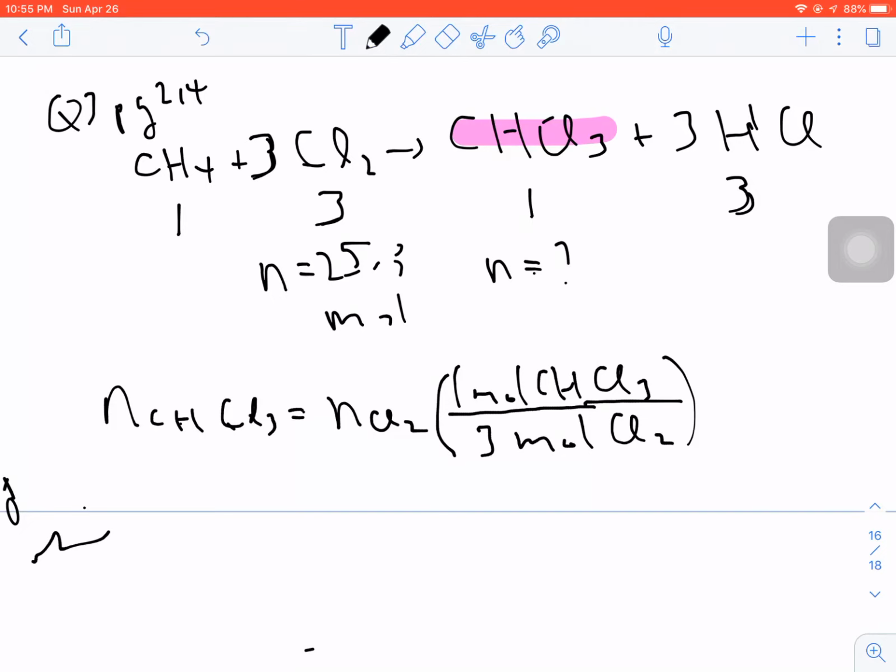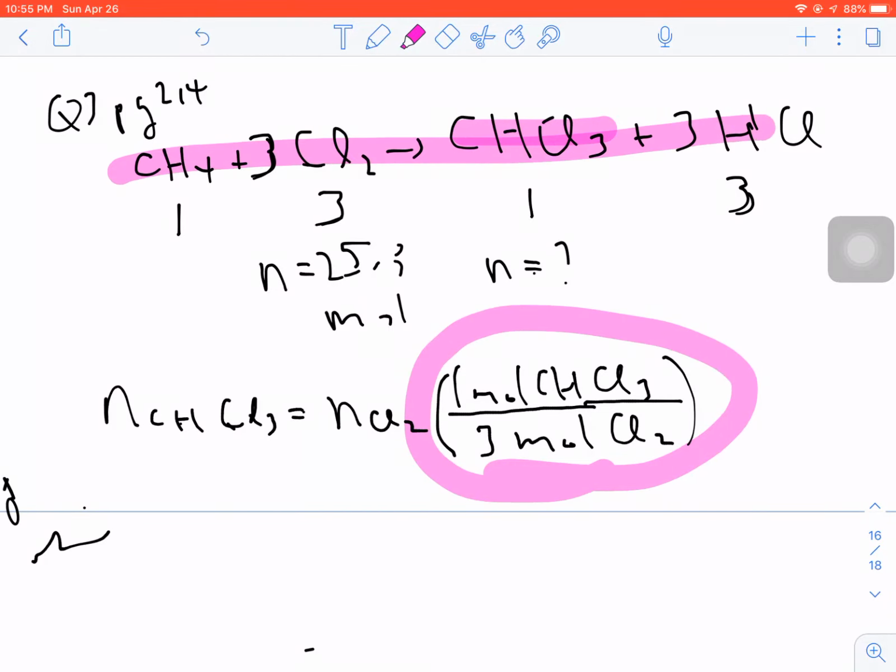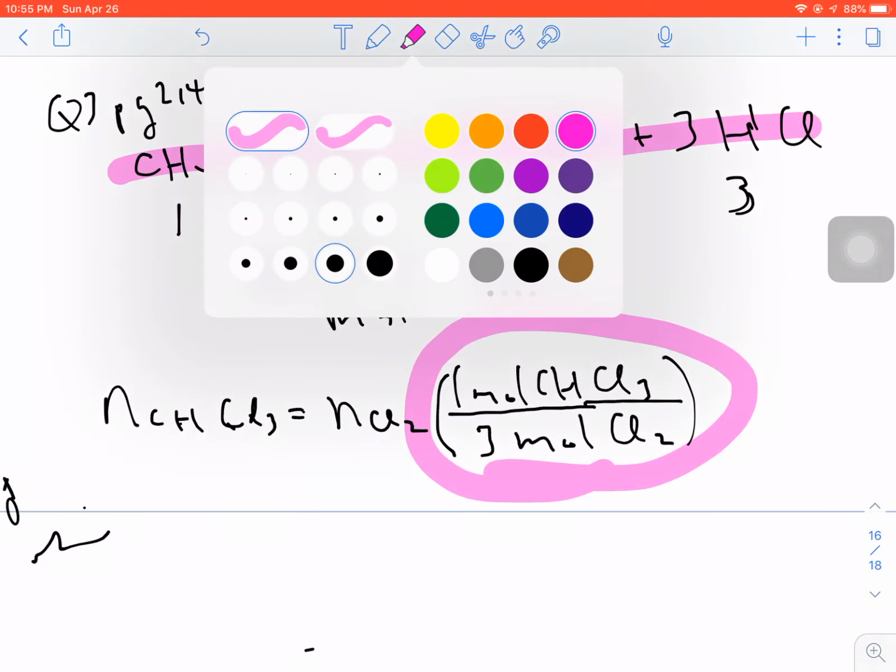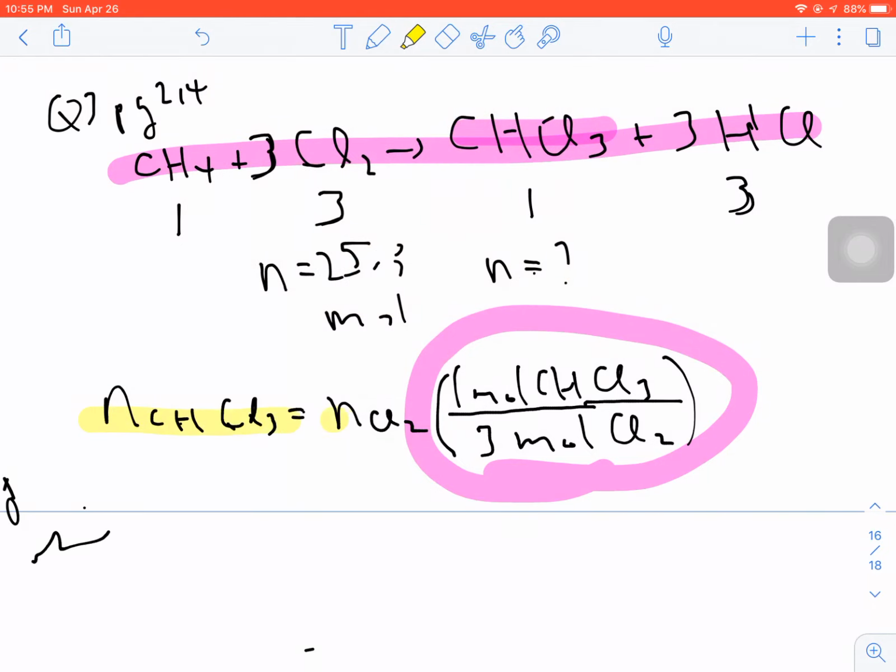So notice that all of this here, right, came from the balanced equation. And then this part here and here is what the question is asking. So I've got 2 parts to this equation. One is my unknown, which is the number of moles of chloroform, right, which is right here.